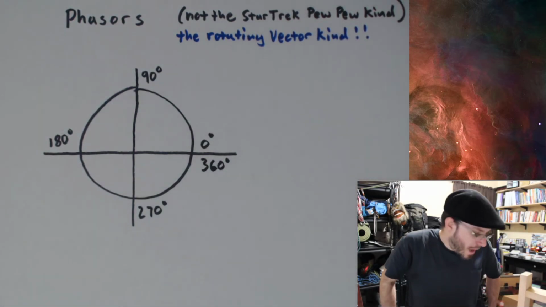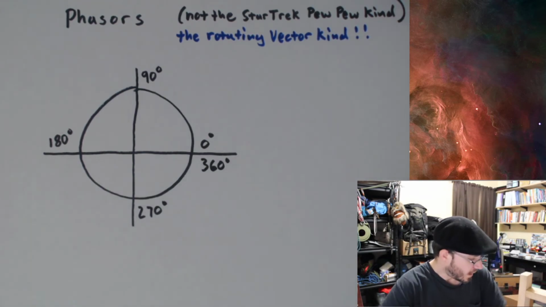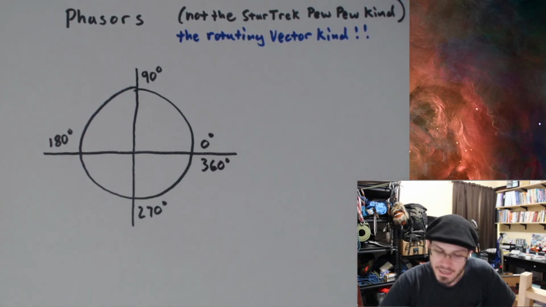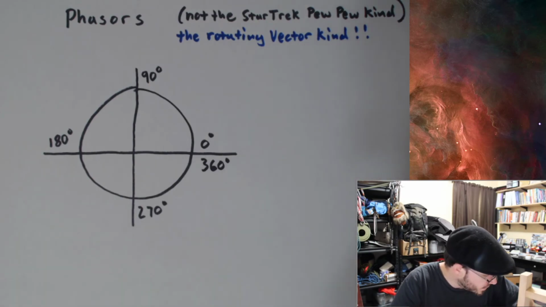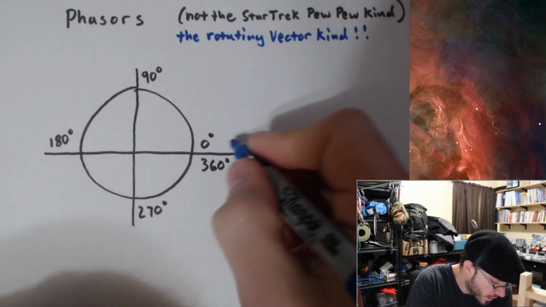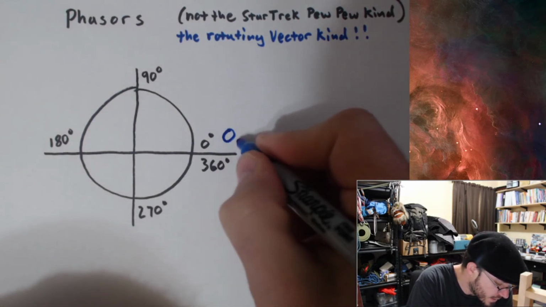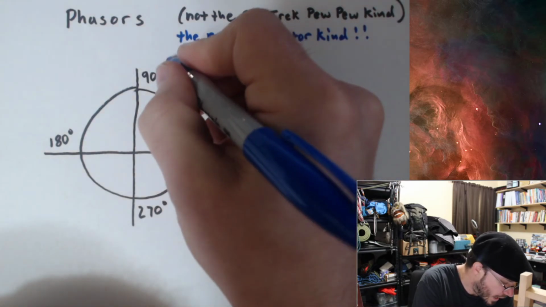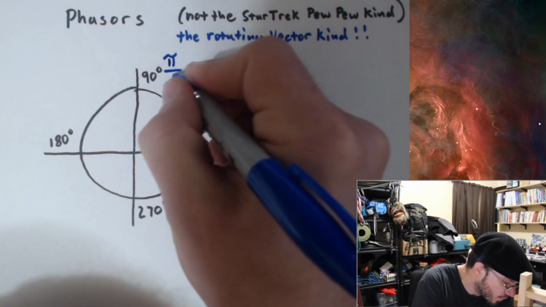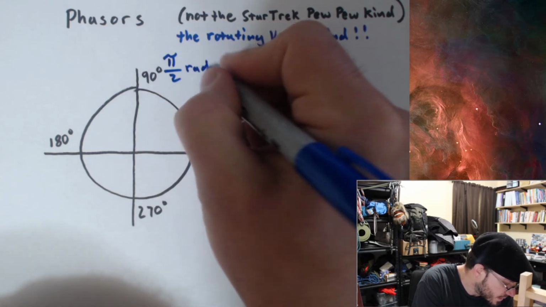Okay, however, degrees is not as useful as radians would be for calculating this. So instead, we're going to use radians. And over here at 0, we would be at 0 radians. Up here, we would be at pi over 2 radians.